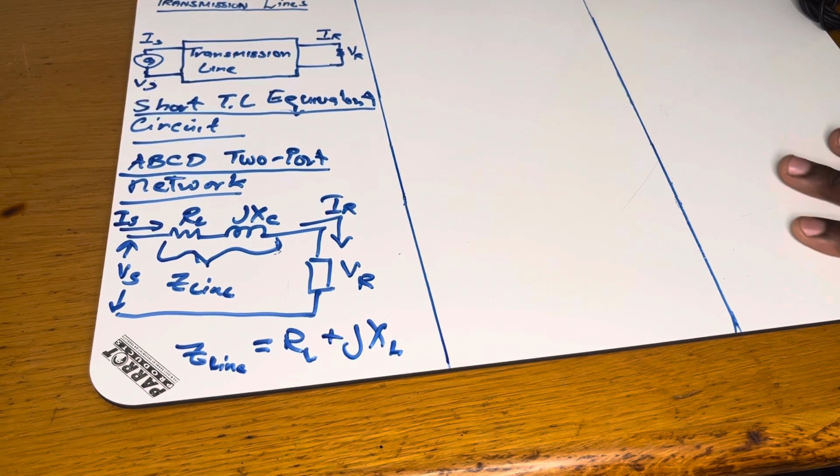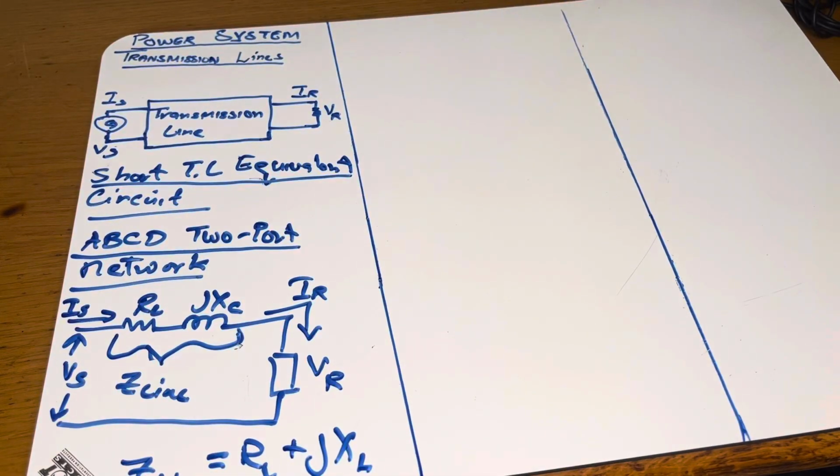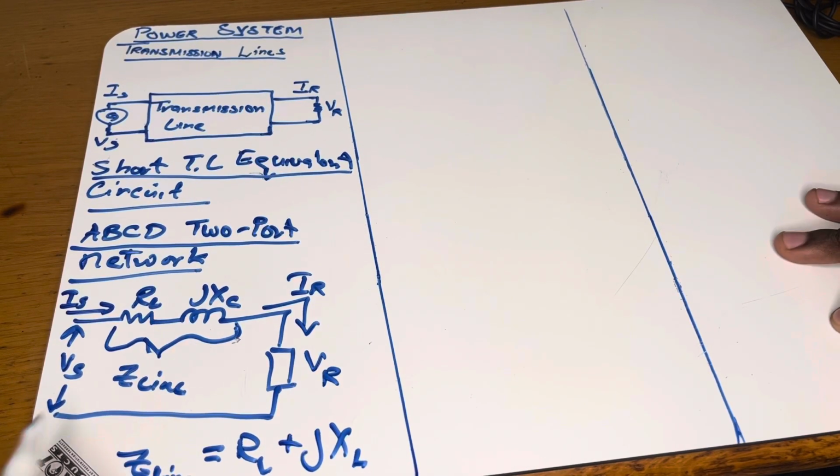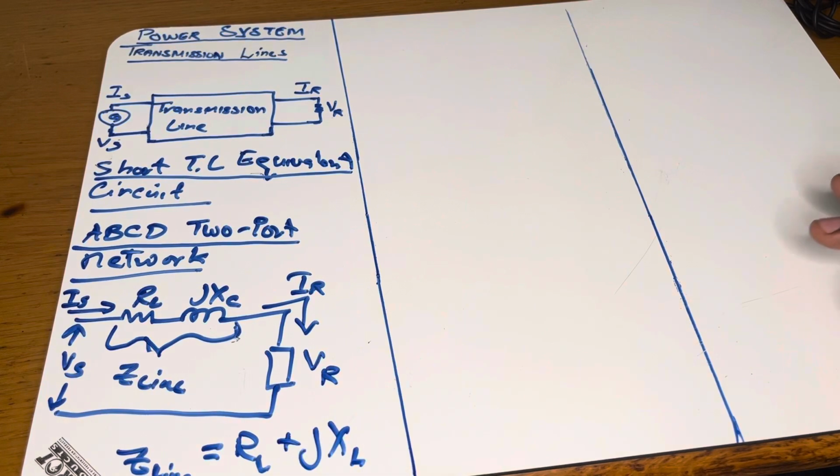Now what we want to write in the form of a matrix is the sending end current and the sending end voltage. Since it's a short transmission line, the shunt capacitance is insignificant. It's very small, so it could be negligible.